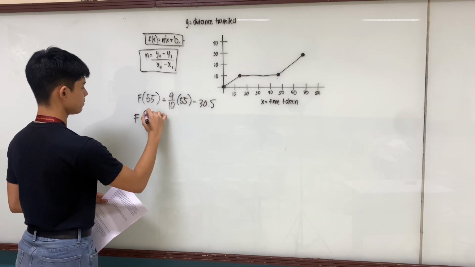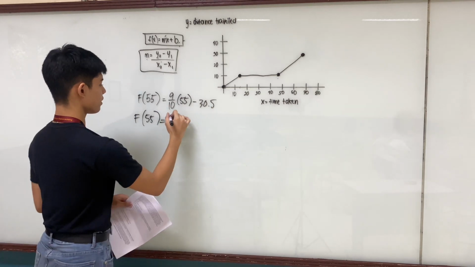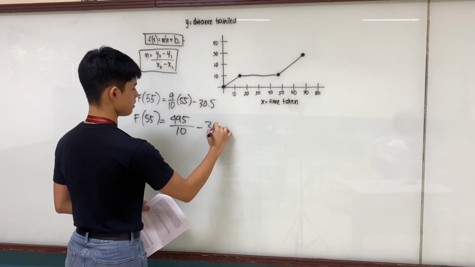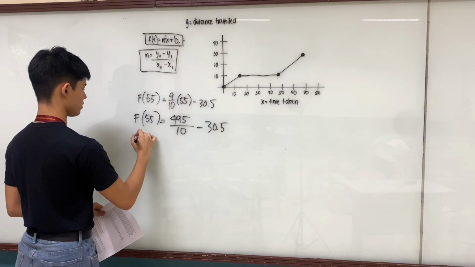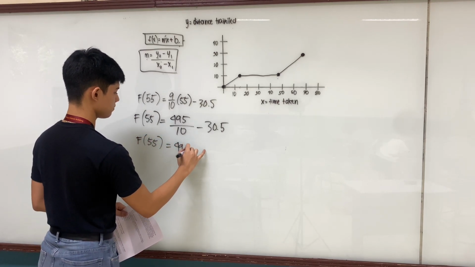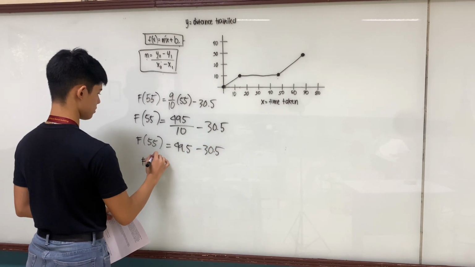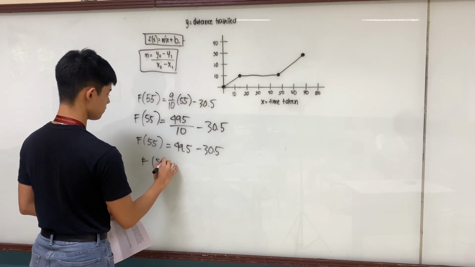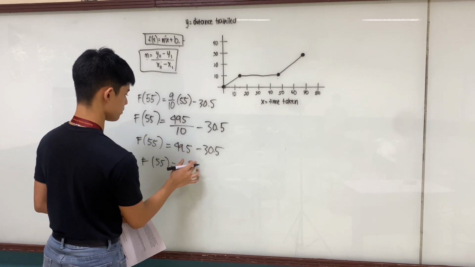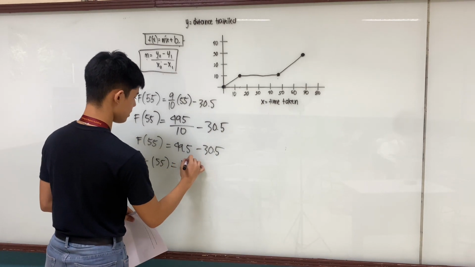So, solve. 55 times 9 is 495, divided by 10 is 49.5. And then minus 30.5. So 49.5 minus 30.5 will give us 19.